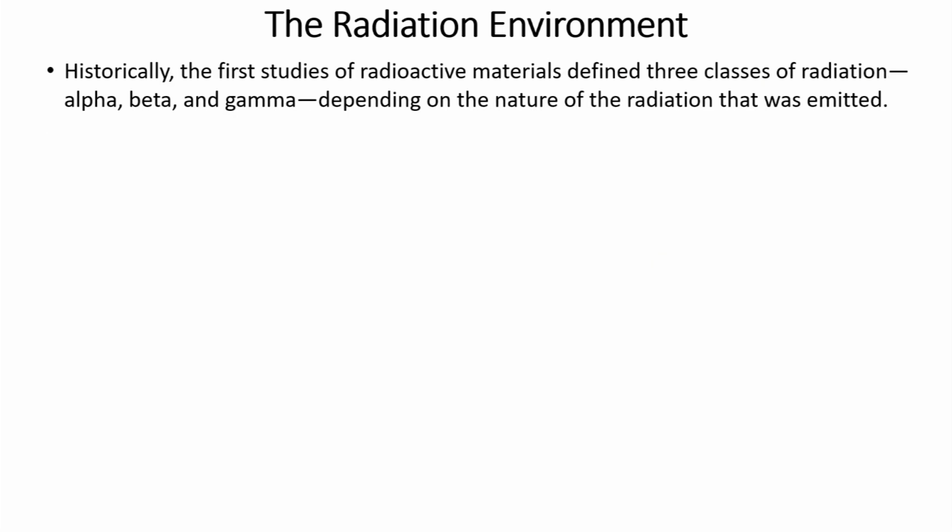Now, there are other types of particles, called alpha, beta and gamma particles. They are also radiation, like the gamma rays we have seen. It depends on the nature of the radiation that was emitted, so you can call it alpha, beta or gamma radiation, depending on the type.